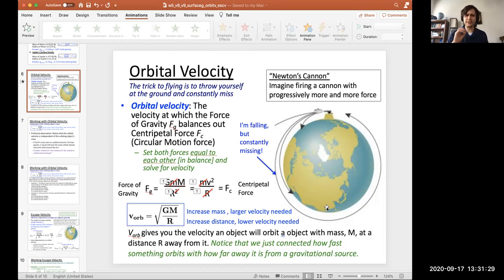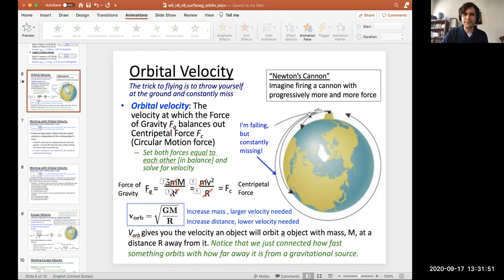Eventually, we would hit this balance point, this perfect velocity to launch the cannonball at. It would come out of the cannon and it would be falling towards the Earth with an acceleration of 9.8 meters per second squared. But the Earth would be curving away from it at the exact same rate that it is falling down.